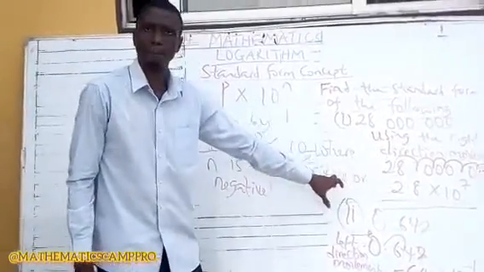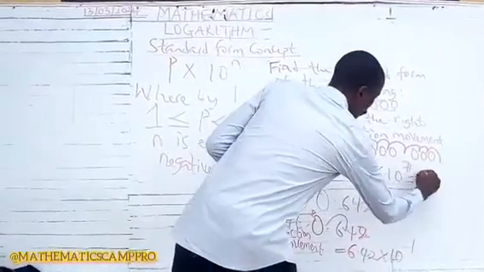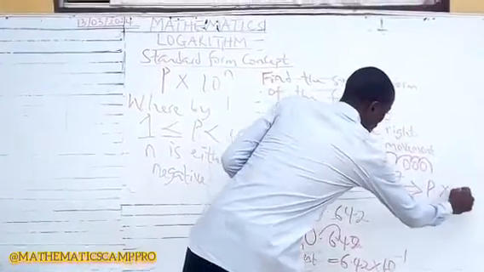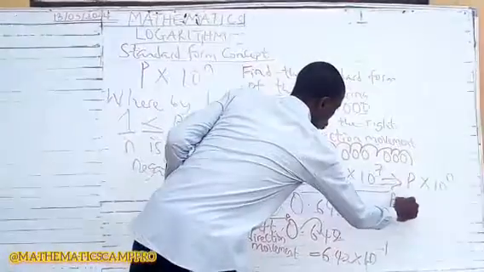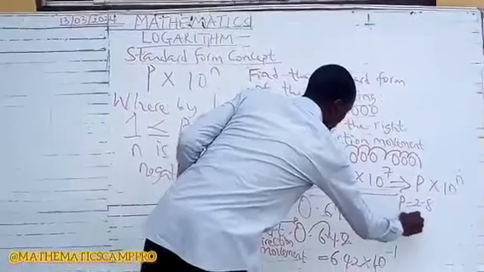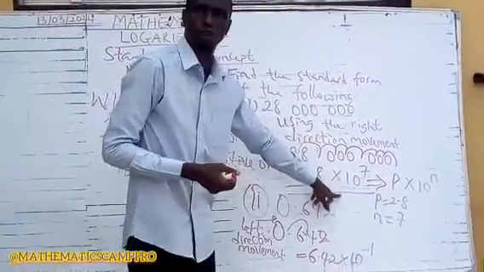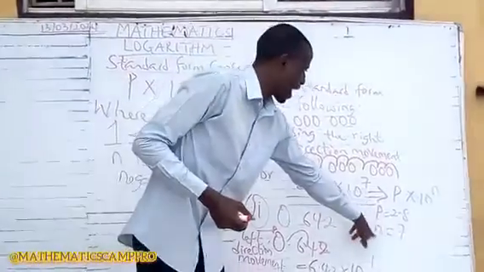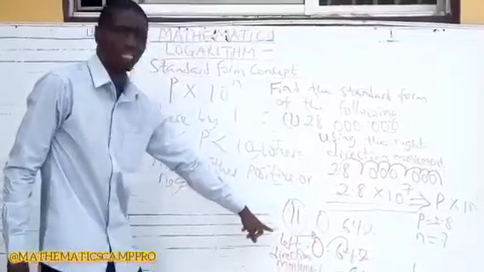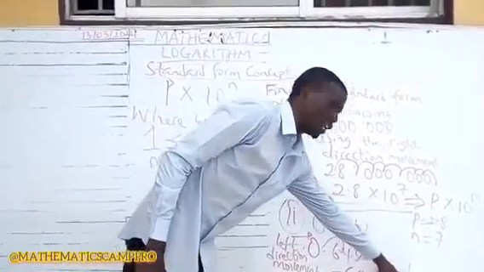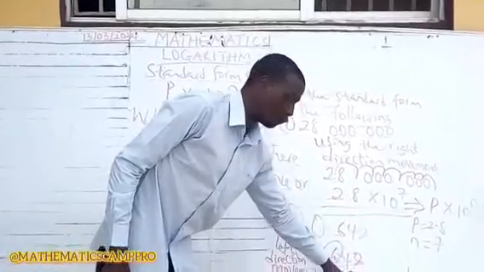With these 2 examples on the board, we will likely see that this has carried the form of p times 10 raised to power n, where our p is equal to 2.8 and our n is 7. Telling us here in this example done on the board, our n is now what? Positive. While in the second example, our n is what? Minus 1 and our p is 6.42.